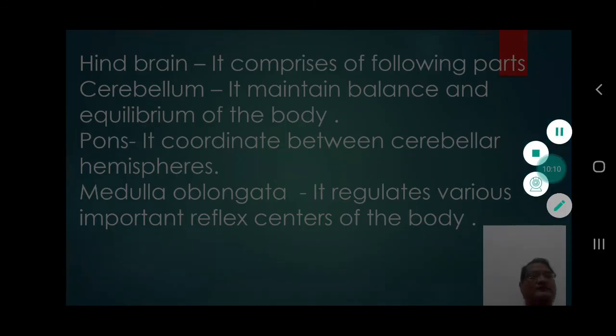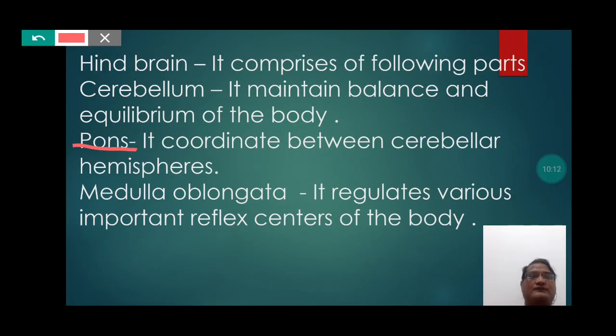So students, the main function of the pons is to make the activities of the cerebellum, which are in two hemispheres, right cerebral hemisphere and the left cerebral hemisphere, remain coordinated, that is supported and equally assisted.